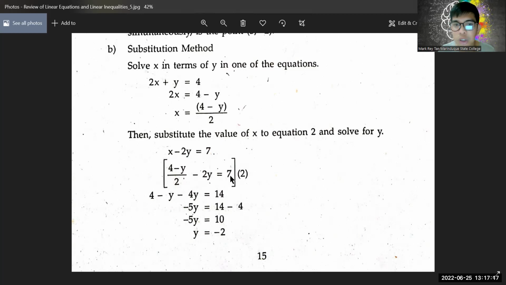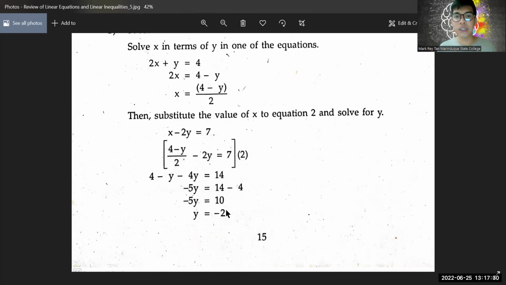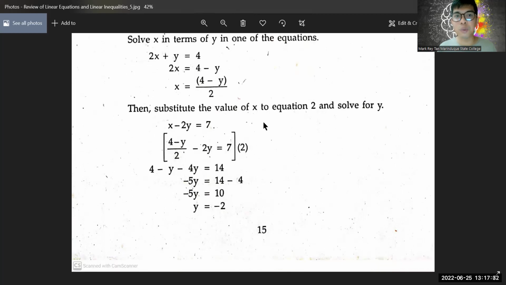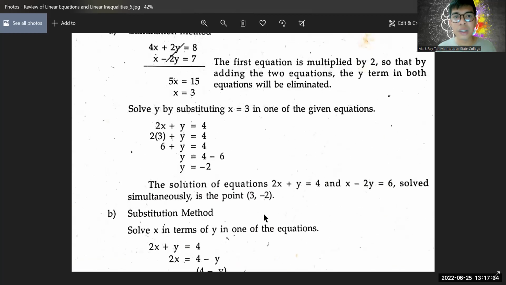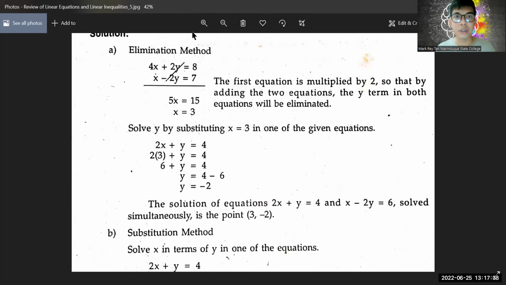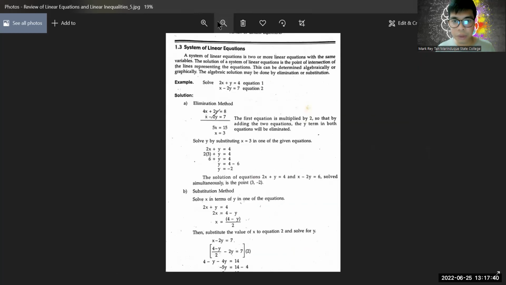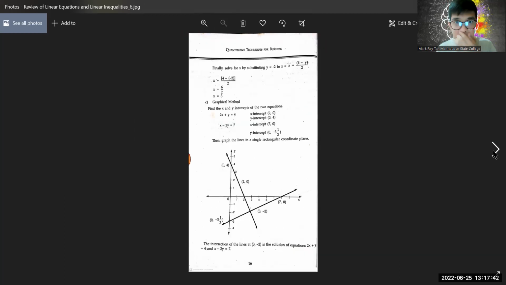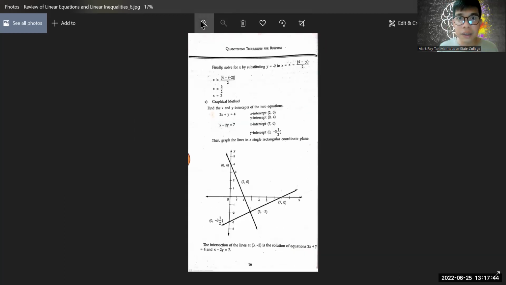The 7 multiplied by 2 becomes 14. So it's simple again. Then we just need to find the value of y, which is negative 2. So now we got the value of y as negative 2, which is the same as the negative 2 using the elimination method. Okay, let's proceed to the next.